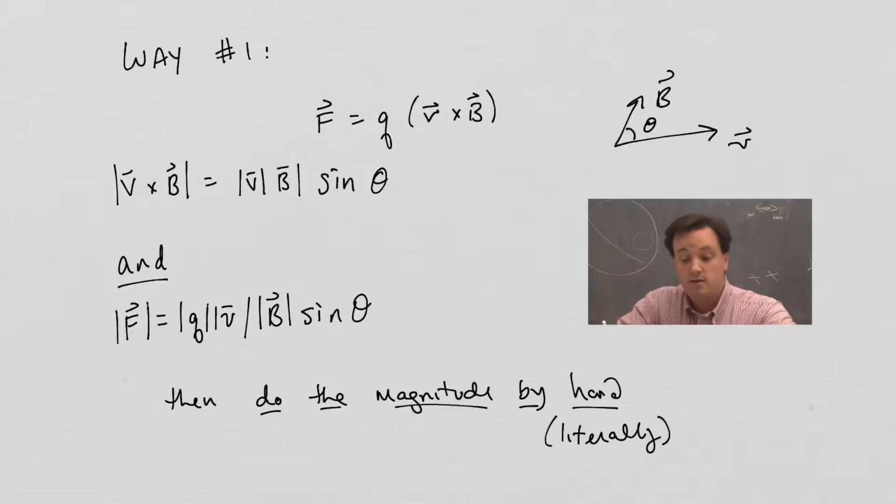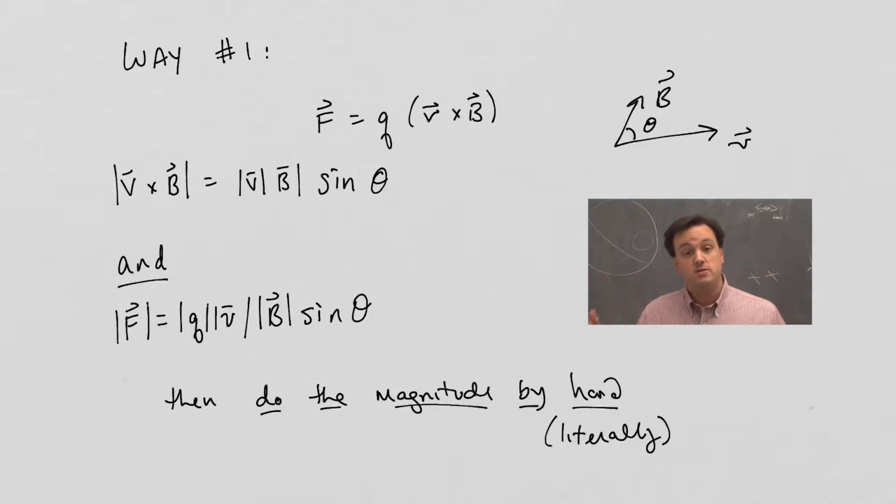So if two vectors are parallel to each other, then theta goes to 0 and sine theta goes to 0, and the magnitude of the cross product also goes to 0. So if I plug that into my expression for the force, then the magnitude of the force is the magnitude of Q, magnitude of v, magnitude of b, sine of the angle between v and b. Okay? And that's something that I can calculate straightforwardly, right? I can calculate all of these magnitudes.